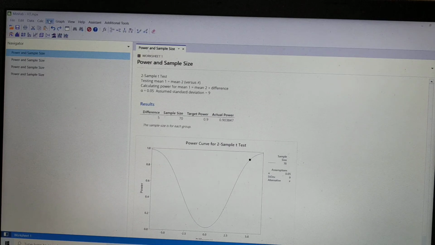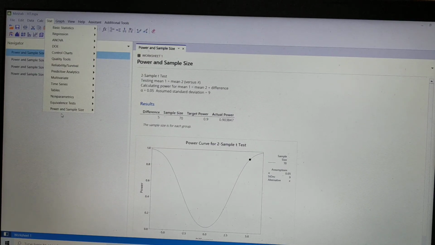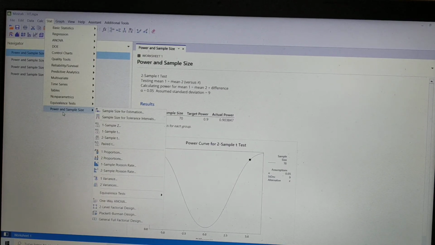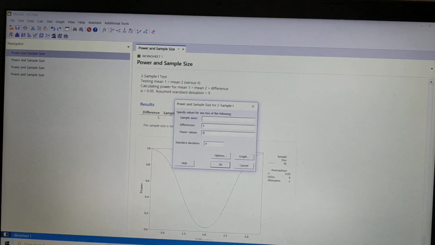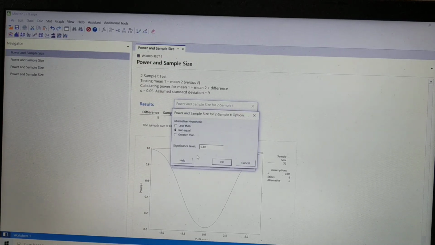Okay, so now we'll do power and sample size. We'll estimate the sample size for 2 sample t-test, and we'll put the minimum difference required 5 minutes, standard deviation 9 minutes, power value for 10% will be 0.9. We won't change anything over here.